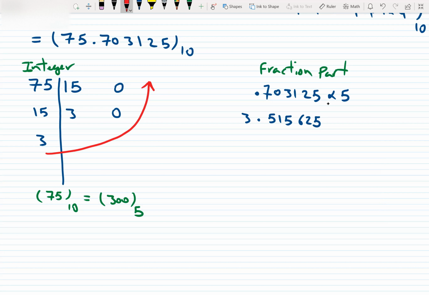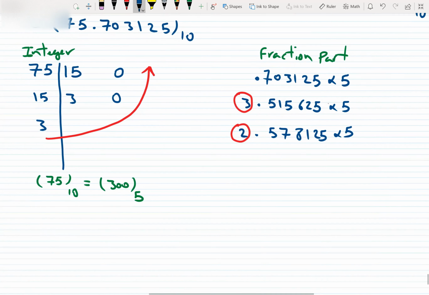We keep this integer part and multiply the fraction part by 5. So the result is 2.578125. We keep this integer part and multiply by 5.